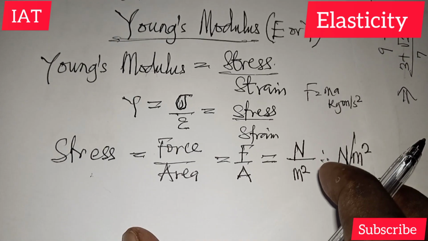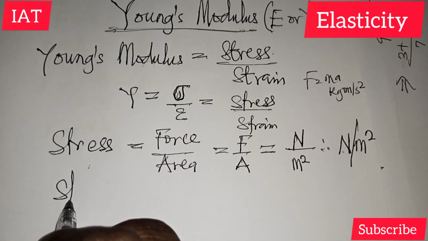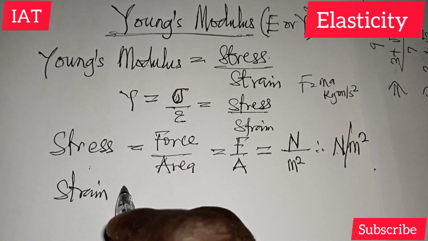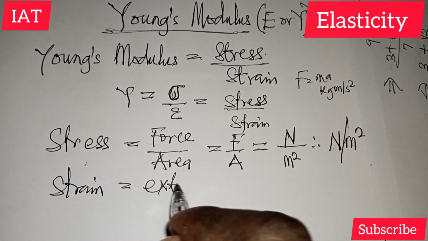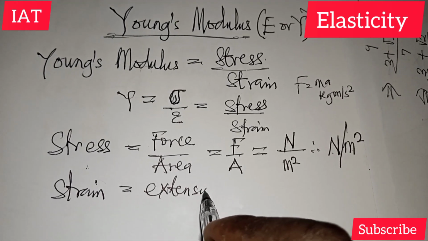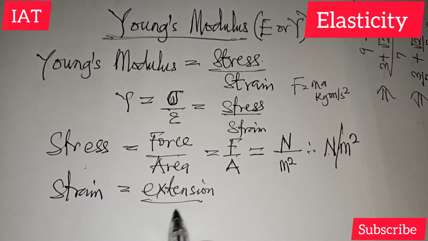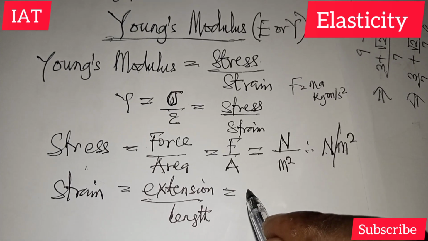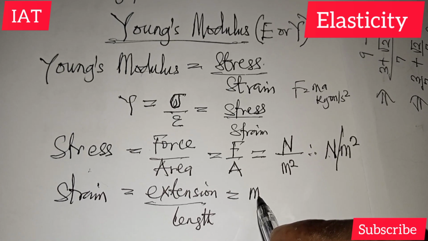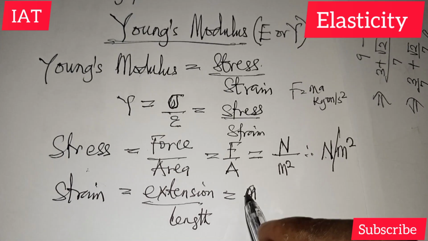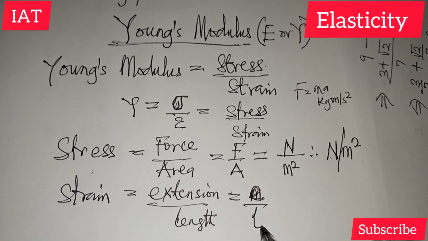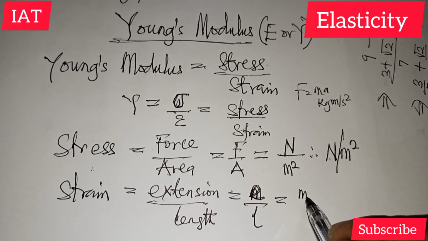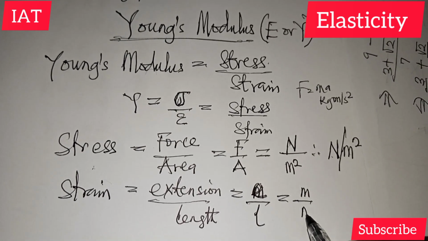All right, so what about the strain? Strain is the extension produced per unit length, and extension is measured in meters, and of course symbolically you can have it as e over L. Extension is in meters and length is also in meters.